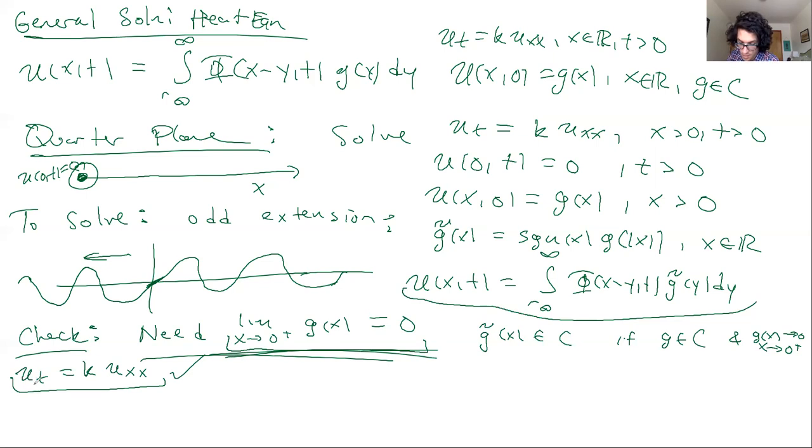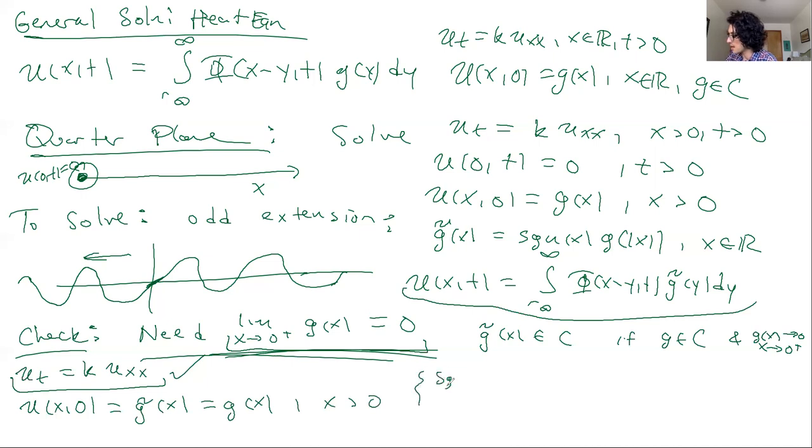So that works fine, okay? Also, u of x, 0 is equal to g tilde of x. It's just going to be equal to g of x as long as x is greater than 0, right?